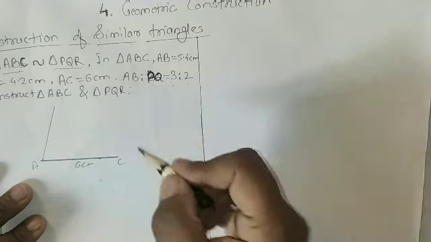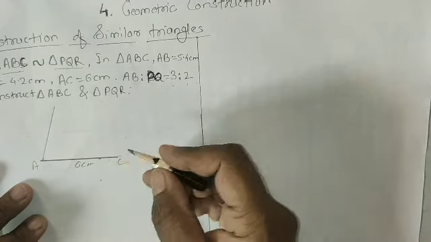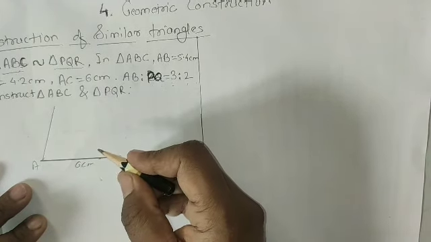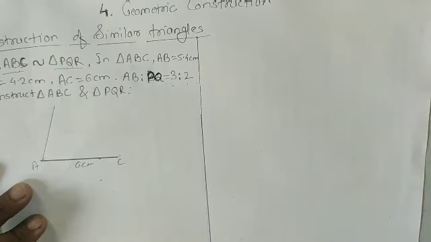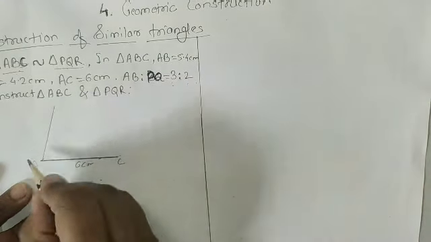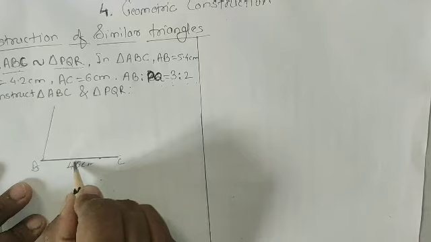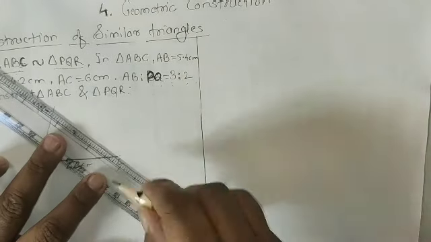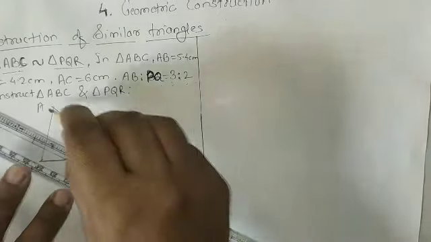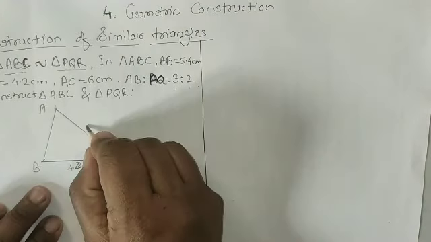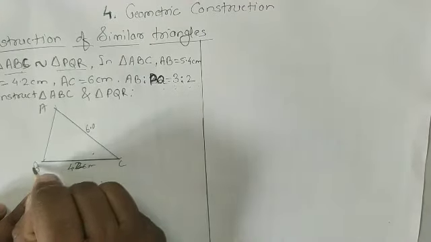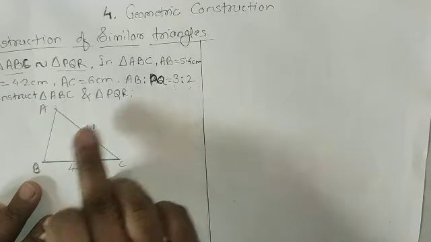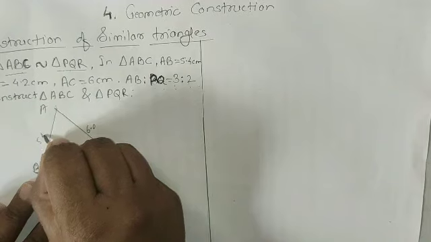Then BC is equal to how much? 4.2, that we will take here. Here it is A and here it is AC. It is the bigger one. BC is equal to 4.2 and AB is equal to 5.4 centimeter.